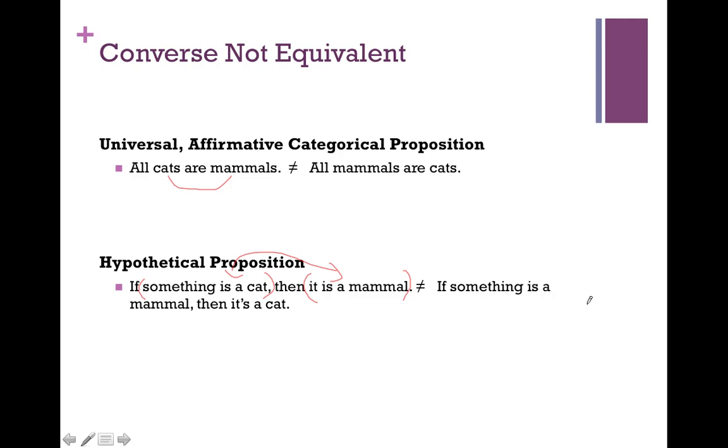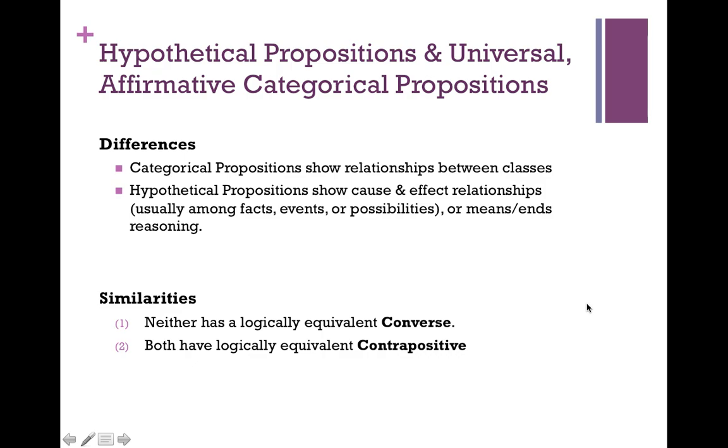That's just completely false. So just like universal affirmative categorical propositions lack a logically equivalent converse, so too do hypothetical propositions. Saying if P then Q is not the same as saying if Q then P. Those are just not the same at all. This I find actually a little more interesting because it's something that might not be quite as intuitive.